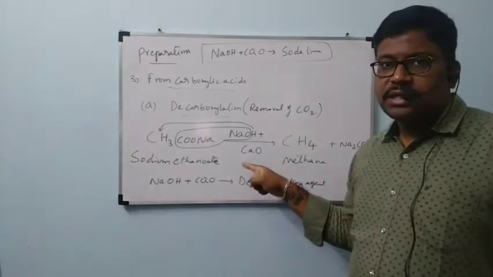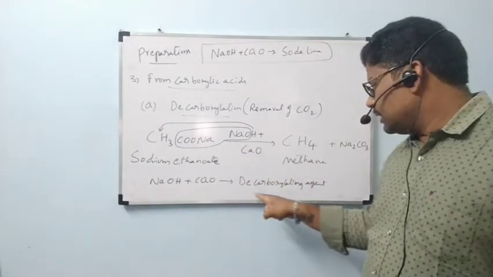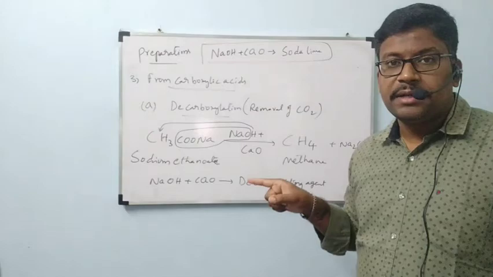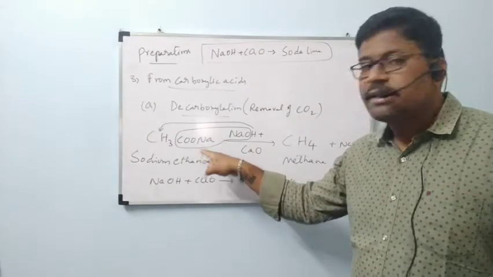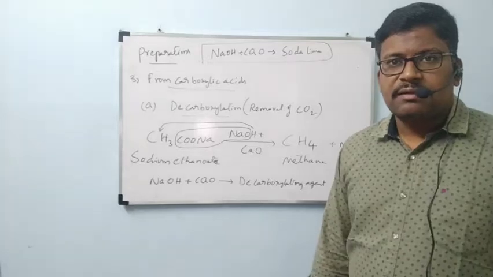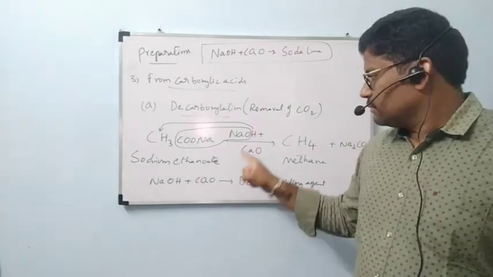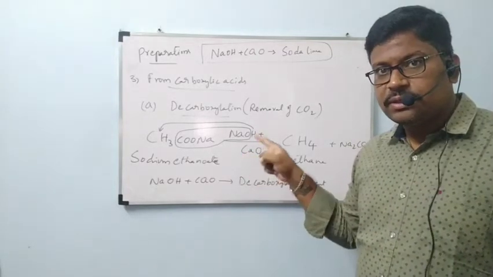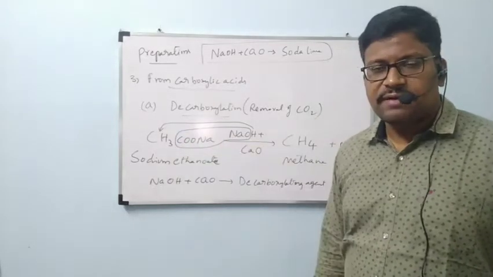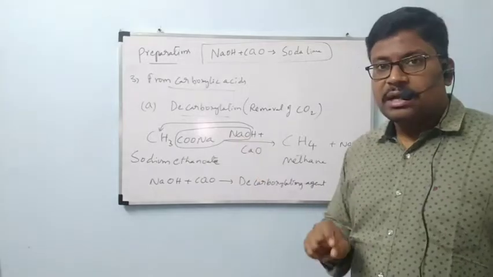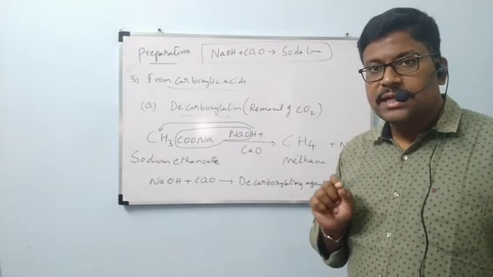Soda lime is called a decarboxylating agent, because it is the reagent which helps to remove carbon dioxide from the sodium salt of the acid.